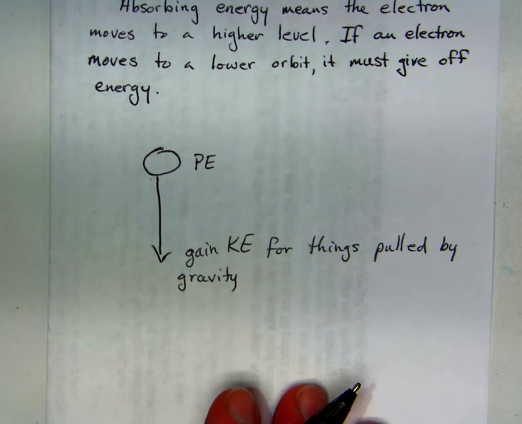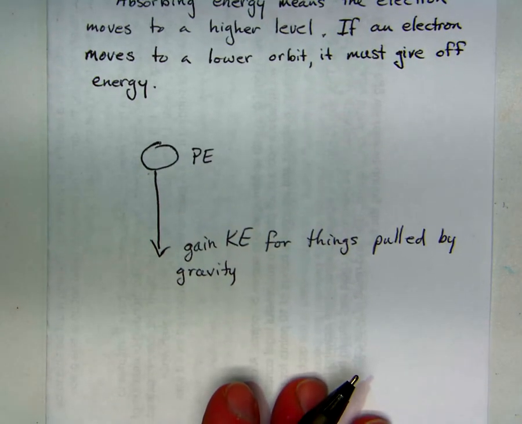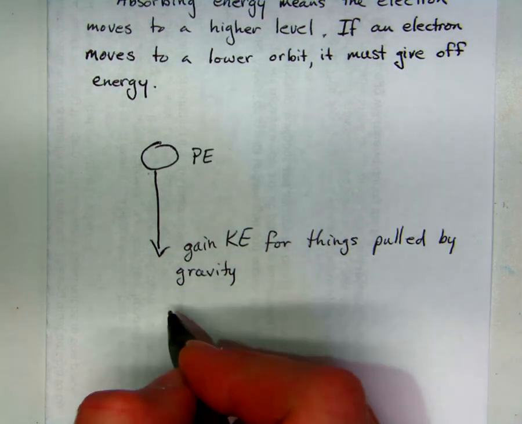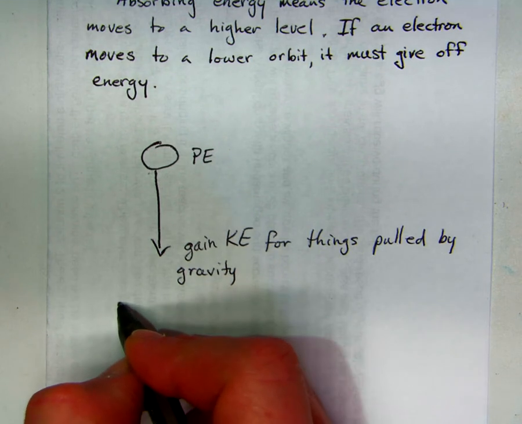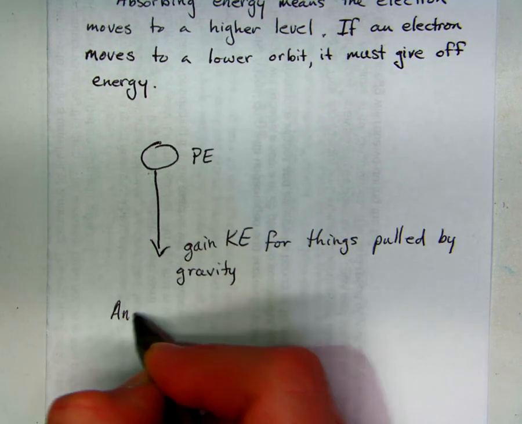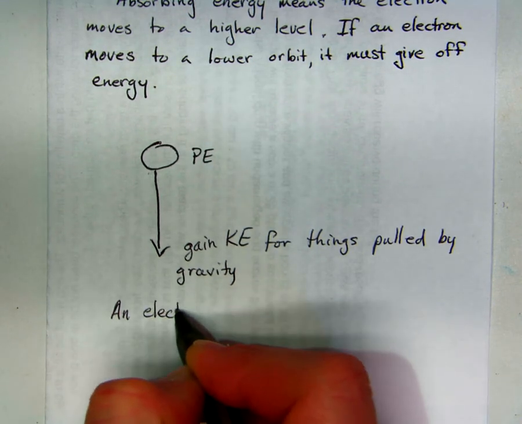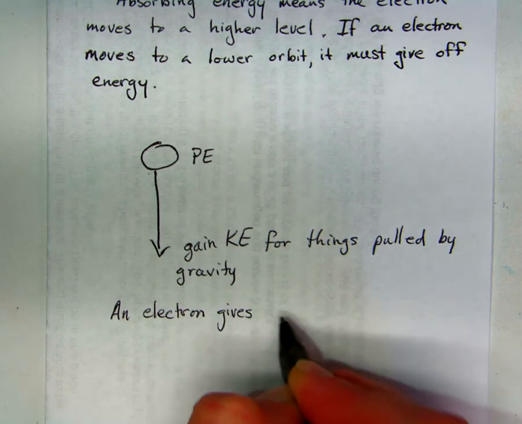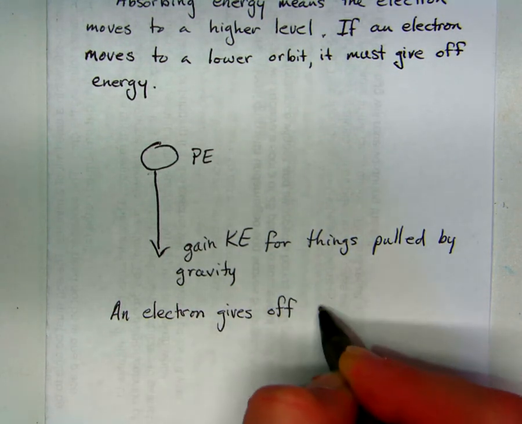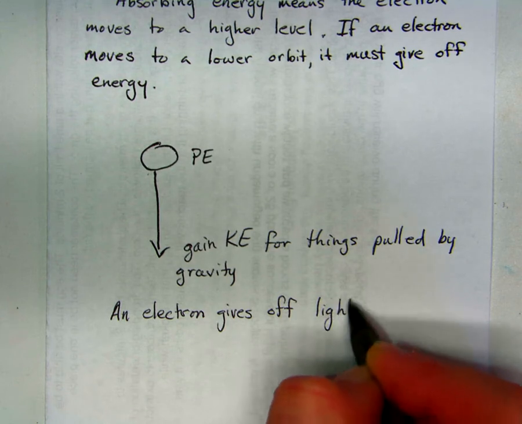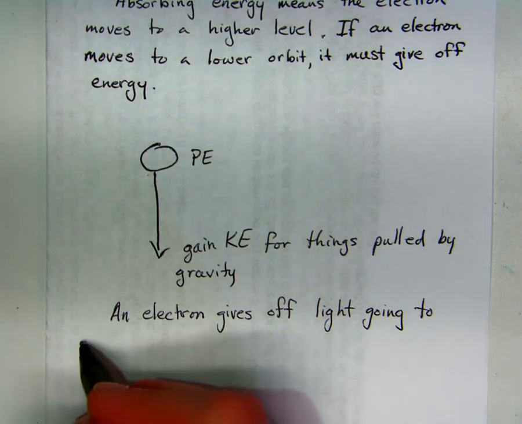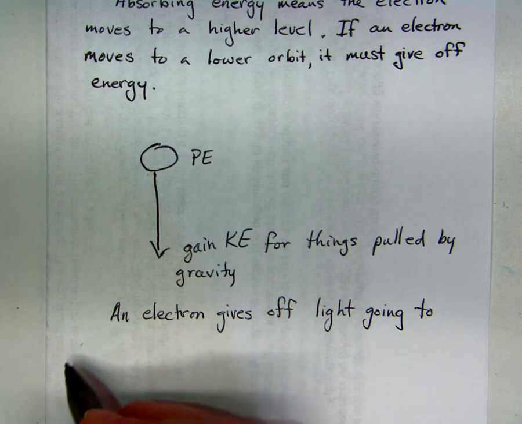If we're talking about an electron being pulled towards a proton, what we're talking about there is an electron gives off light going to a lower level.